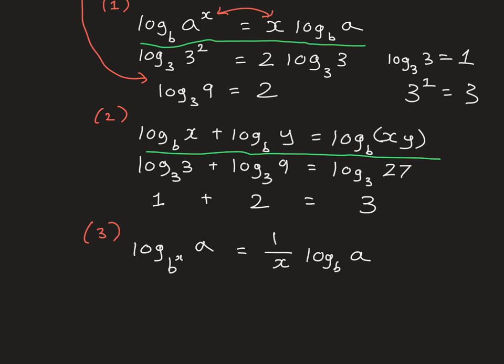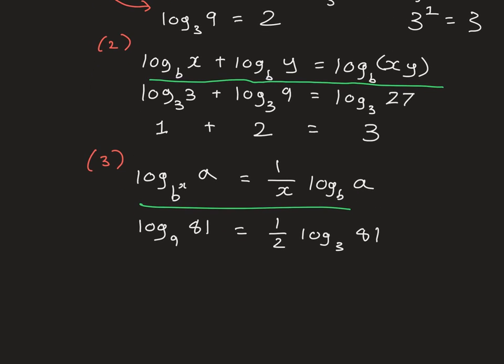So we can see that with log base 9 of 81 is equal to 1/2 log base 3 of 81. Because in this case, x equals 2, because we can actually write 9 as 3 squared.